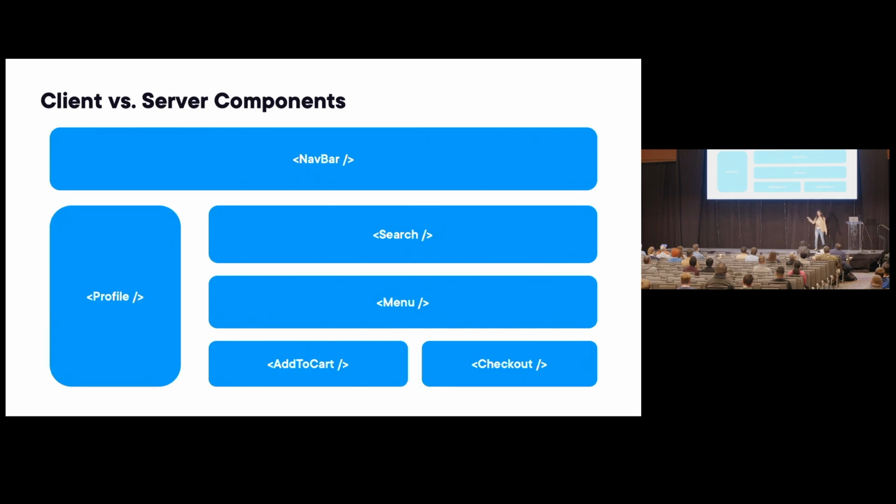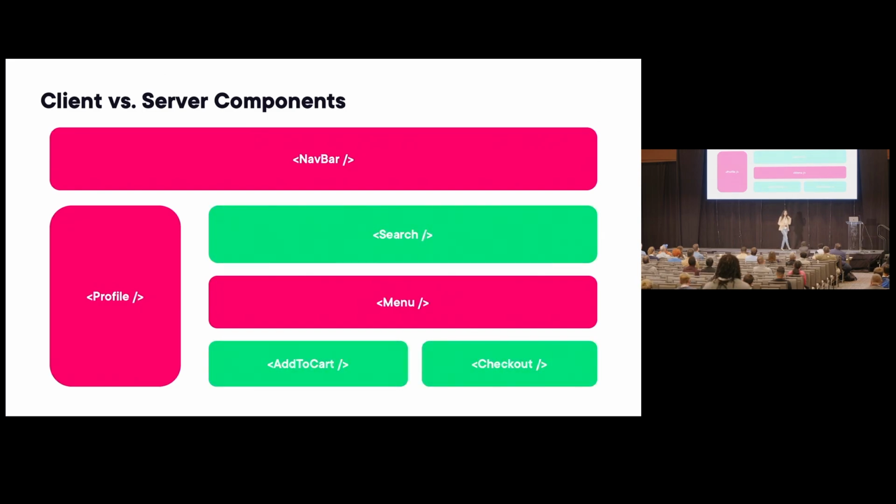So let's say we have a nav bar, a search bar, a menu, and then we're going to have a profile section, some buttons, right? Typically, your nav bar is not really going to change as much. Your profile section is not really going to change, and the menu bar. So all of these can be server components. And now when you have interaction and you want to hold on to state, those can become client components.